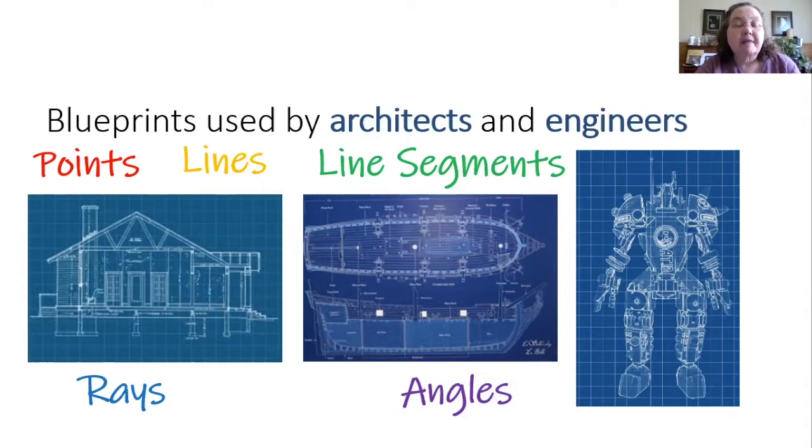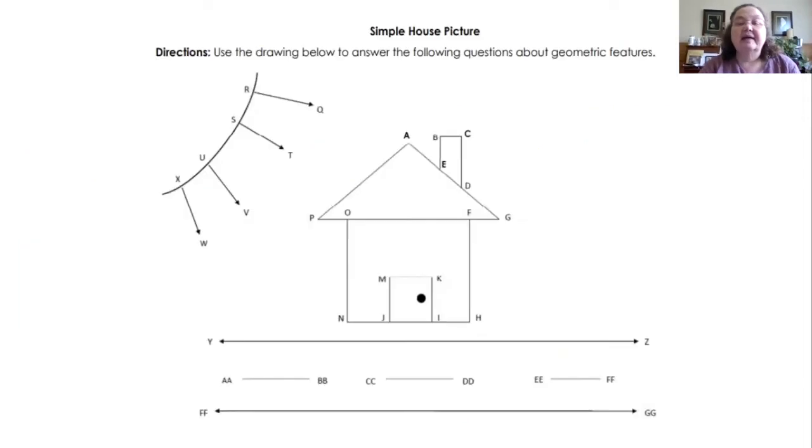Okay. So today we're looking at a picture of a house. And if you haven't been able to print out the picture, pause for a minute and print it out. Just copy it onto a piece of paper. Okay, if you are ready, let's go.